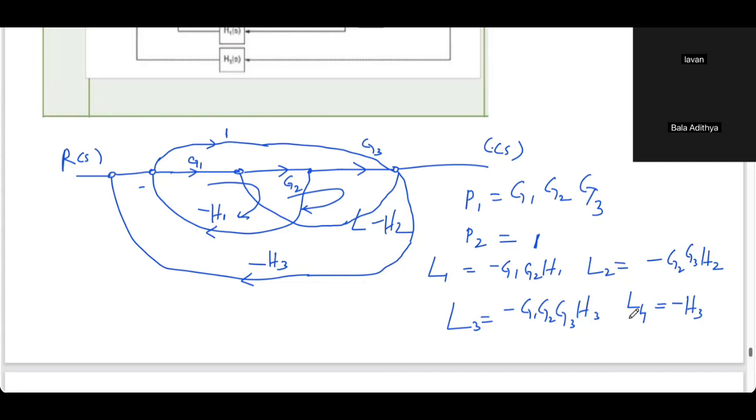L3 and L4 also are touching each other. So all loops are touching each other. So delta is only 1 minus the sum of L1 plus L2 plus L3 plus L4.